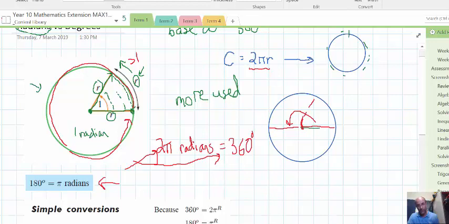What if we went 90 degrees? Well, we'd have the second radius arm pointing up there. We would have traced half of pi, or pi on 2 radians, and that would be equal to 90 degrees. Radians can exist as decimals as well, but when you see the fraction of pi, you know you're talking radians.